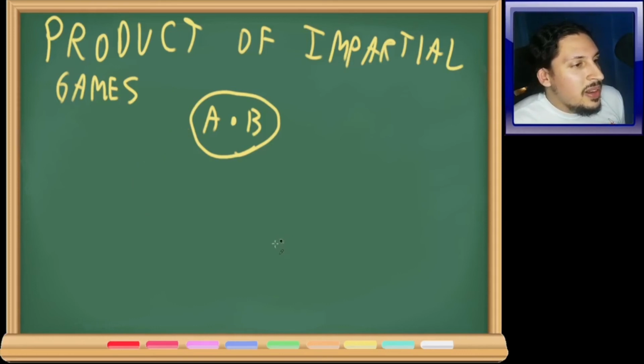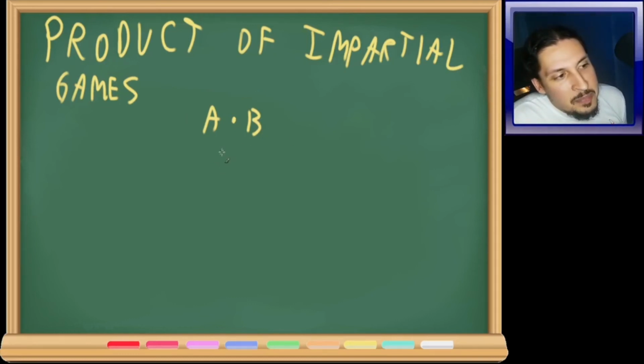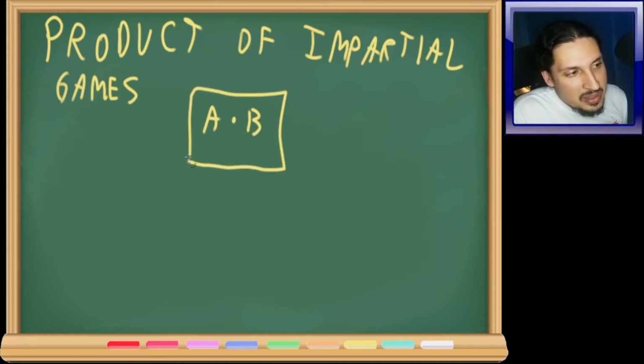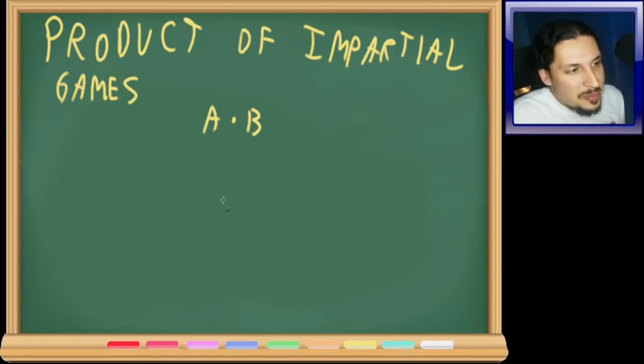So why on earth would you want to define the product of impartial games? It is such a weird operation. Well, it is, but no matter what it works for, it has very curious properties. It has very nice properties.